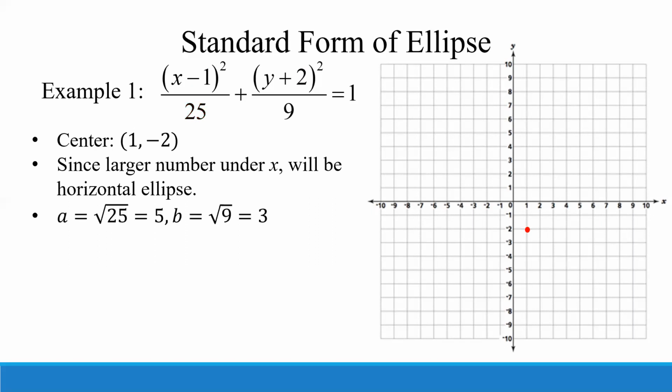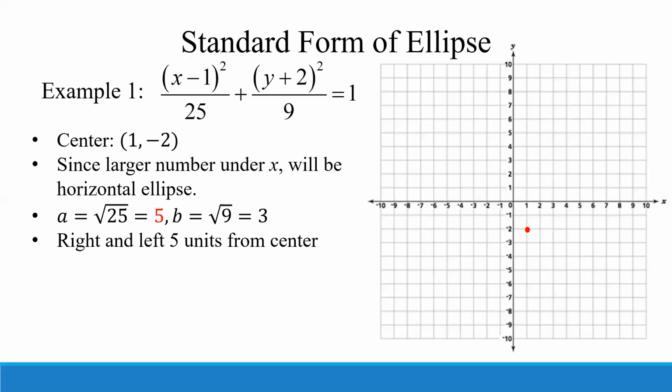So first thing, I find my A and my B. So I take the square root of both denominators. So my A is 5, my B is 3, and those bottom numbers will generally be clean numbers. They don't have to be, but most of the time they are. Okay. So we're going to go right and left once we have that A and the B value. So we're going to go right and left 5 from the center.